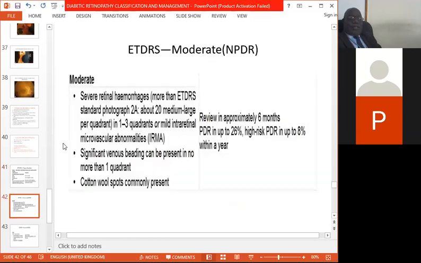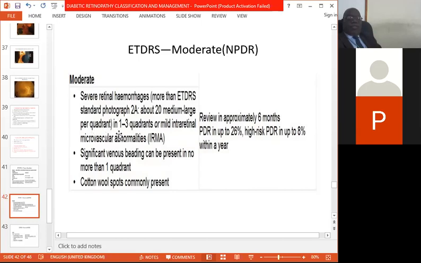Moderate, severe retinal hemorrhages. This is a classification of diabetic retinopathy. This non-proliferative diabetic retinopathy means they've got moderate to severe retinal hemorrhages. Standard photograph, 2A and whatever.